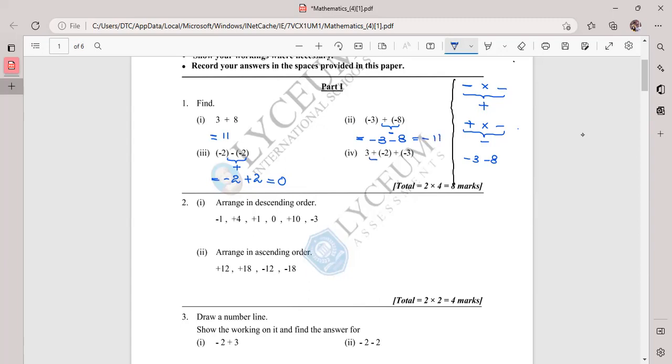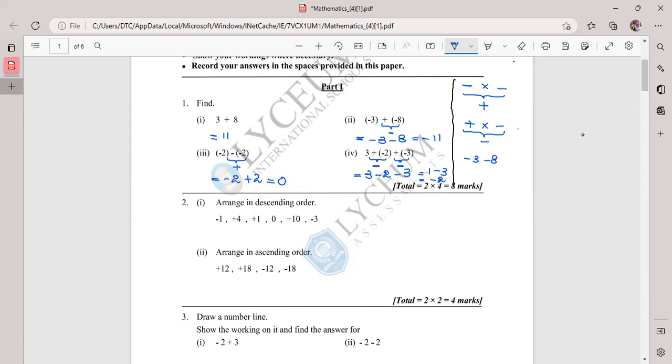Here, positive and negative is negative, and positive and negative is negative. Then I will rewrite the question, 3 minus 2 minus 3. Then 3 minus 2, what will be the answer? 1. 1 minus 3, what will be the answer? It is -2.